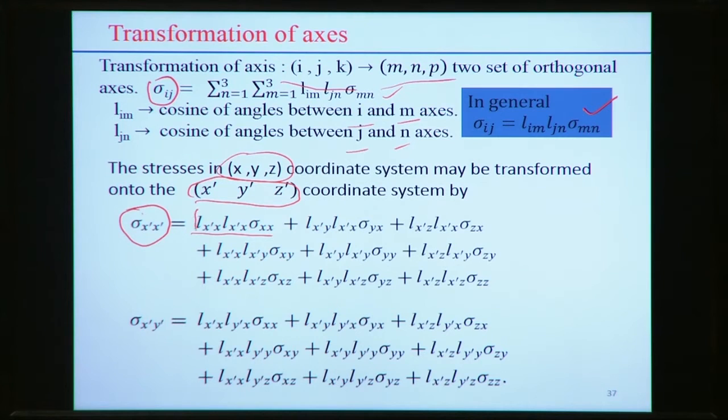Here L x dot x represents the direction cosine between the axes x dot and x. Similarly, the sigma yx or sigma xy component can also be multiplied by the direction cosines L x dot y or L x dot x. This is the way we can define the normal stress or shear stress component in a new axis system.